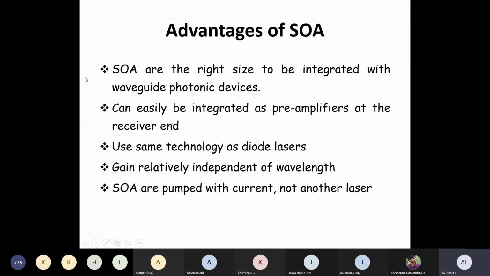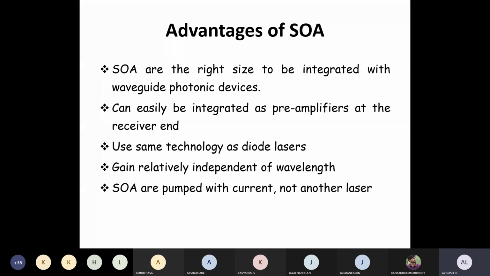The next advantage we are talking about is that SOAs are pumped with current, not another laser. Very importantly, you can see this advantage when you compare other optical amplifiers with the semiconductor optical amplifier.